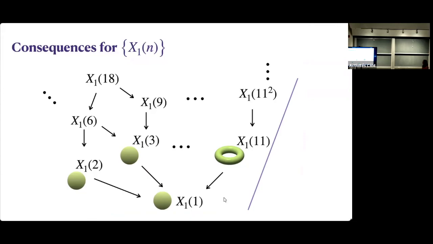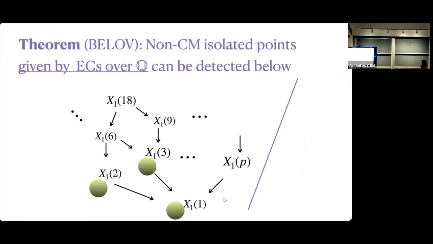And then what we can show is that if you look at the non-CM isolated points high up in the tower that correspond to elliptic curves defined over the rational numbers, you can detect them below some bounded line. And we give explicit formulas for what these bounds are. It's a lot of divisibility conditions on the n's. So yeah, this likely thing does actually turn out to be true in practice.